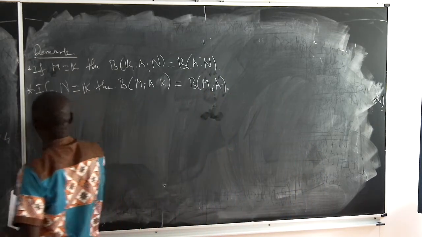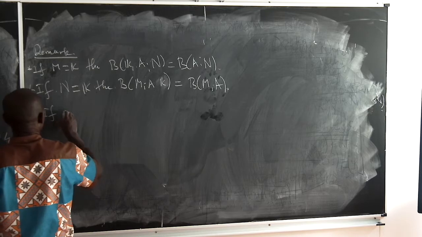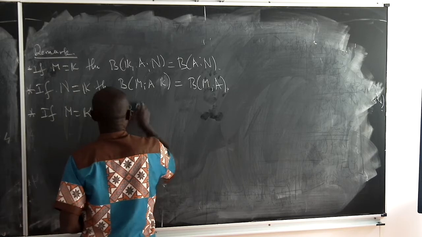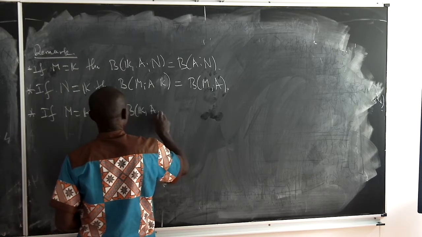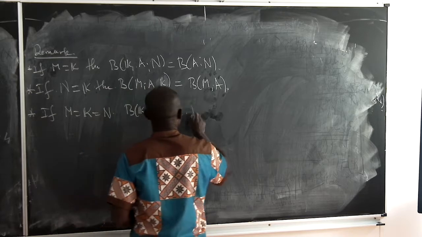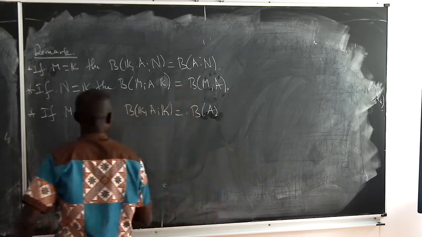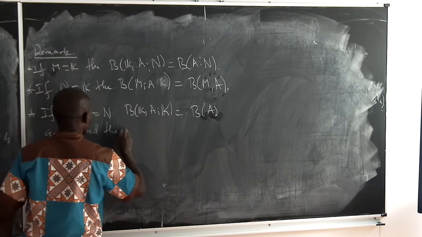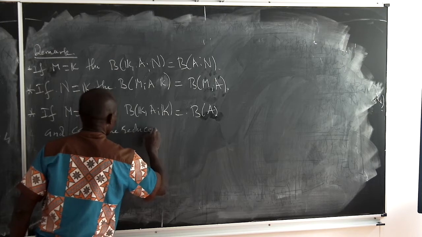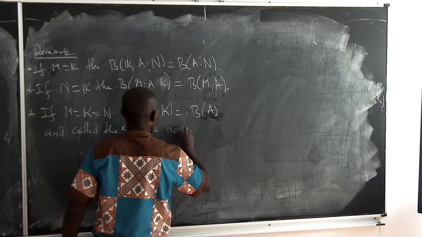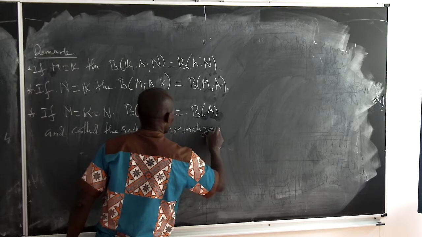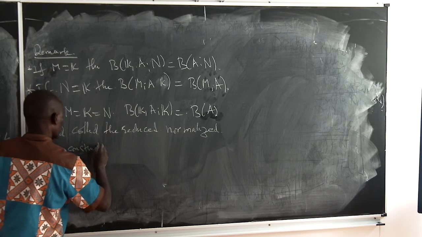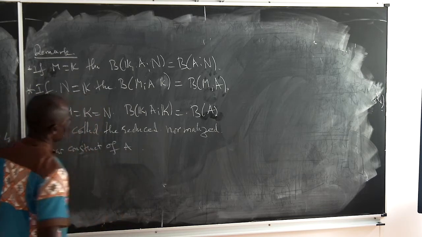And finally, if m equals k equals n, B_k(A, A, A) is just denoted by, and called, the reduced normalized bar construction of A. Okay.